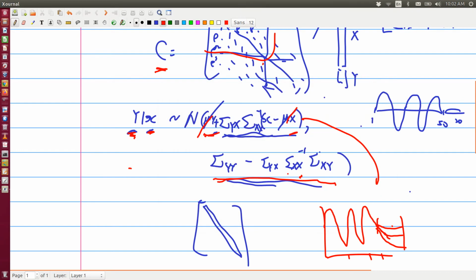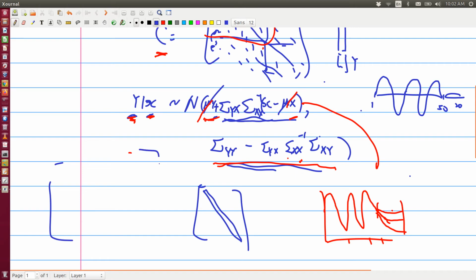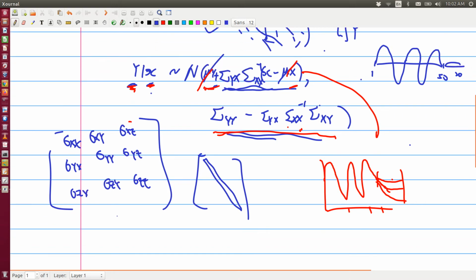For example, we have a covariance matrix, let's say sigma, of the form sigma xx, sigma xy, sigma xz, sigma yx, sigma yy, sigma yz, sigma zx, sigma zy, sigma zz.